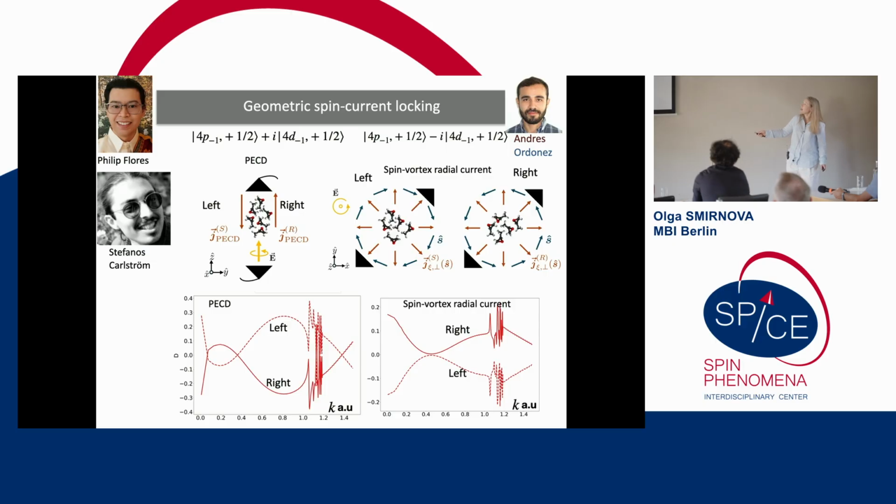So I told you about PCD, this very important effect in chiral spectroscopies, and it's known to be strong. First we apply this state and its opposite enantiomer to see the strength of this current.